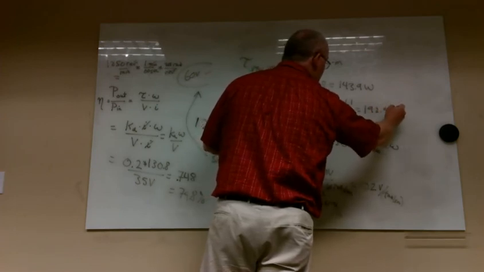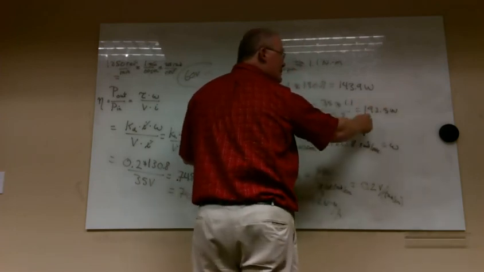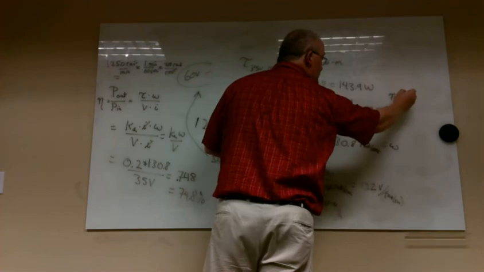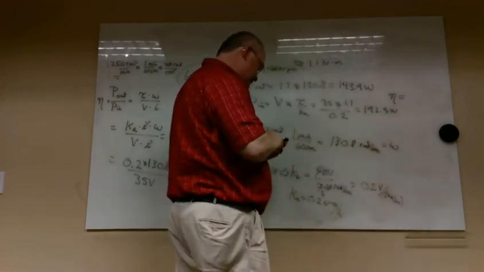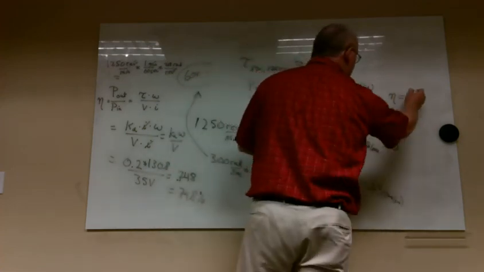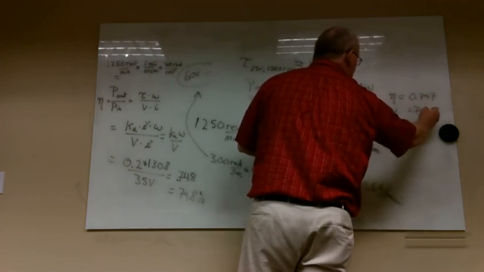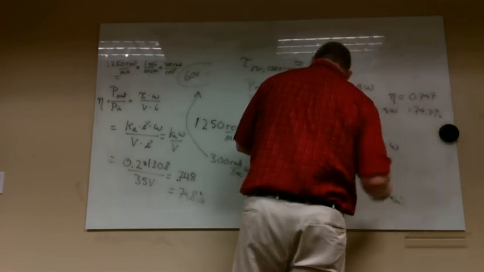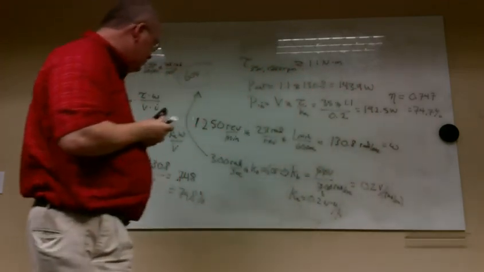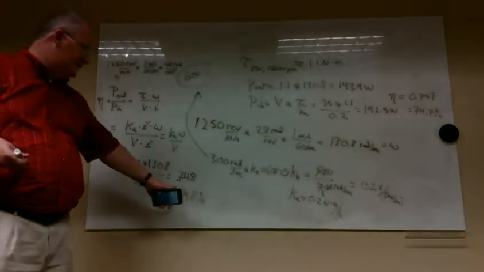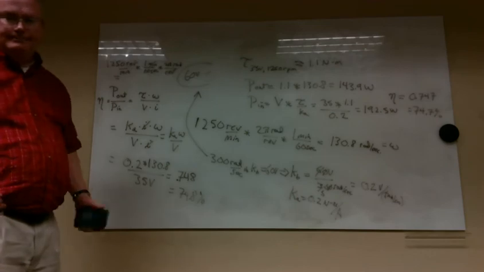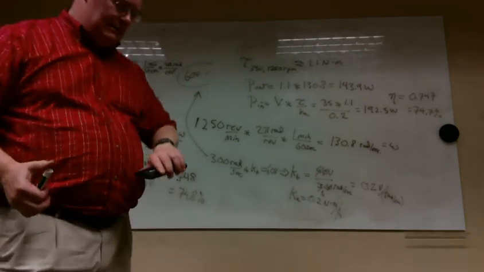There's my P out, there's my P in. My estimate for the efficiency is 0.747, or 74.7%. Oh well, we got 74.8% the other way. That's my point, you're getting those answers the same both ways.